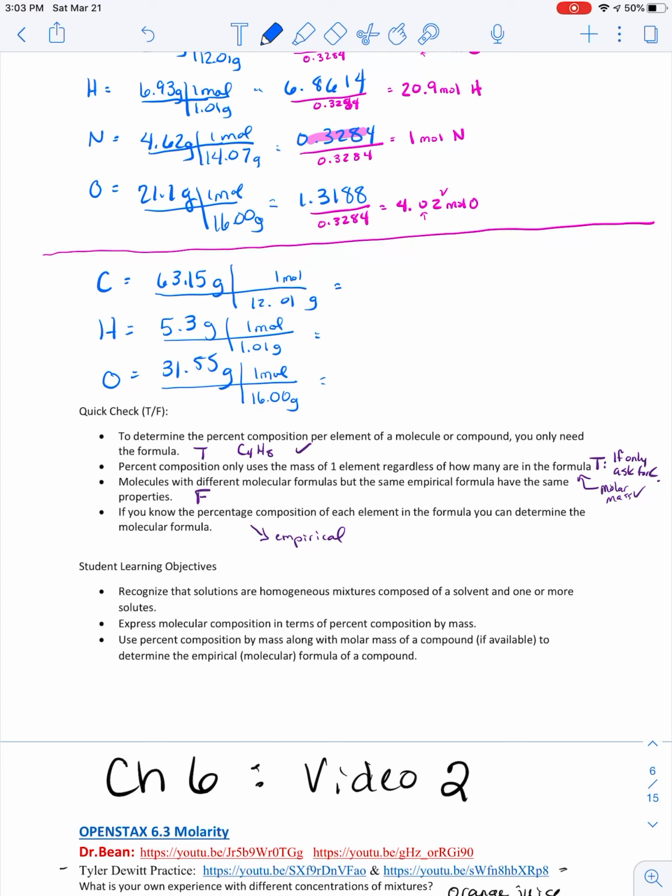Alright, so here we go. The line's extended a little long. I'm going to straighten him out. I'll put these in my calculator. So 63.15 divided by 12.01.